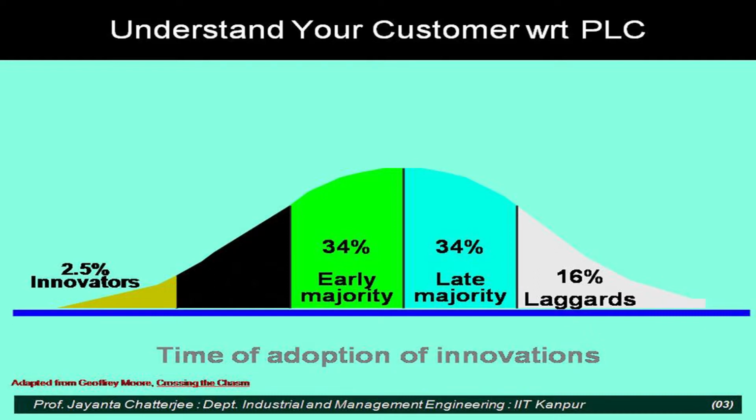The understanding of the PLC, or product life cycle, has various dimensions, but in today's session we are going to focus on the nature of the customer who will be attracted to that product or technology at that stage, and that can give you clues to your own communication package.